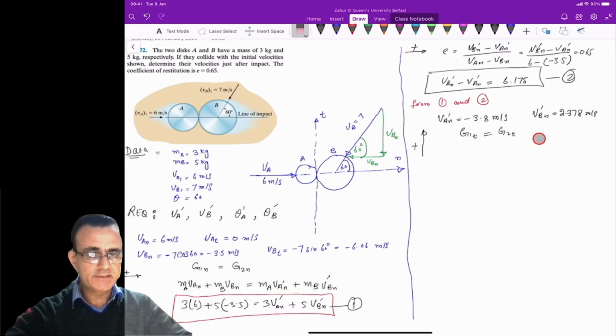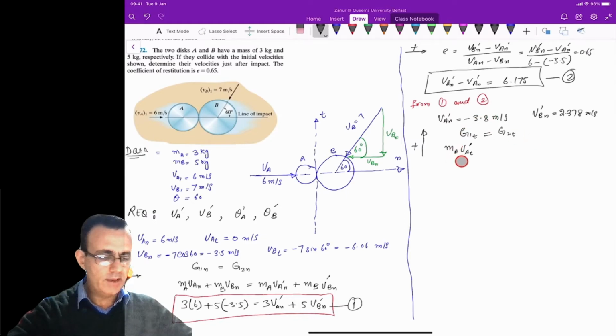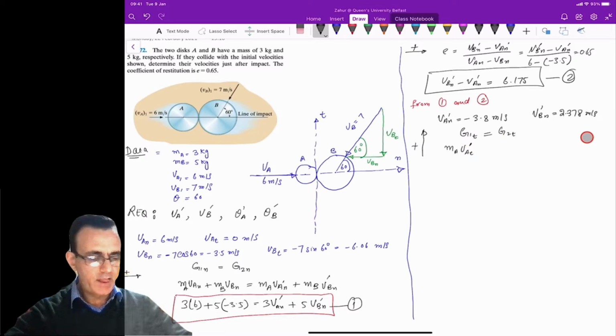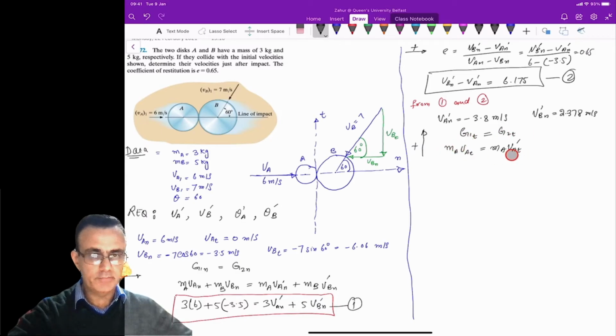So for particle A, in this case, you can write mA VAt equals mA VAt', so this is before impact and this is after impact.